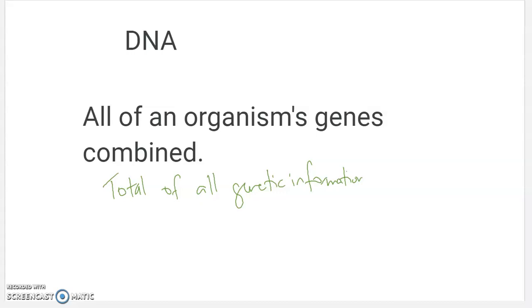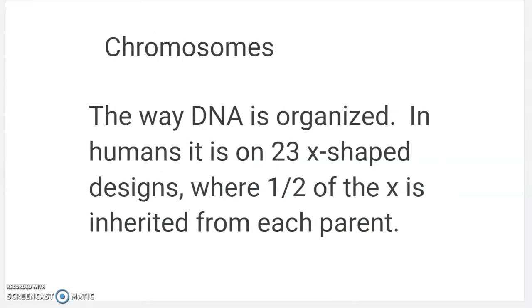And then all your DNA is organized in a certain way onto chromosomes. And that's what I have here. The way DNA is organized is called your chromosomes. In humans, it's on 23 X-shaped designs, where half is from each parent. So I'll even put here, it's like 46 pairs. And if you want to draw them, they tend to look like this.